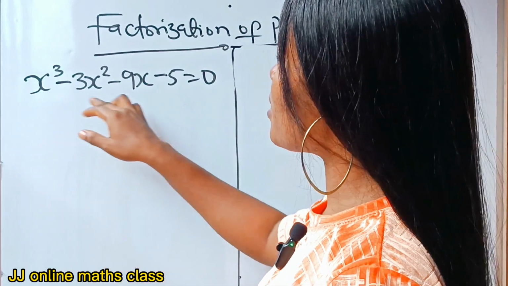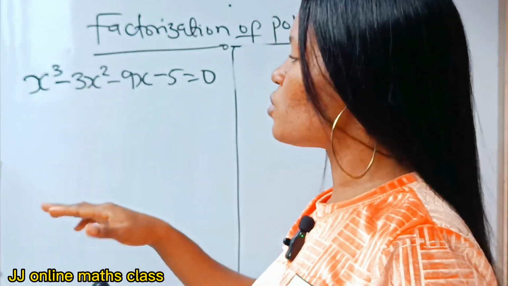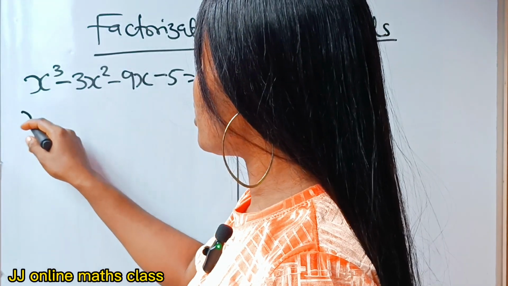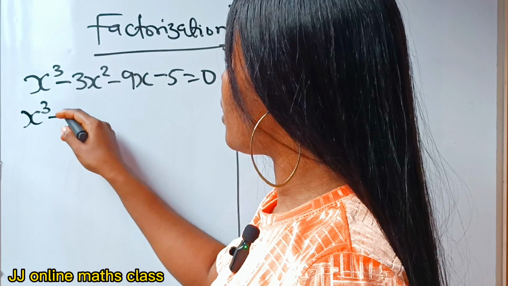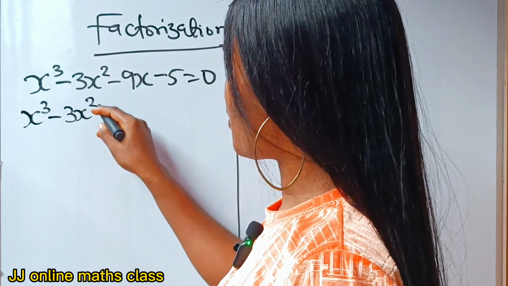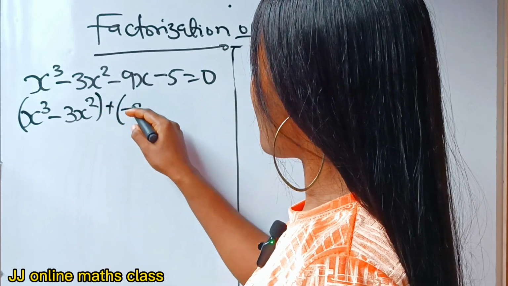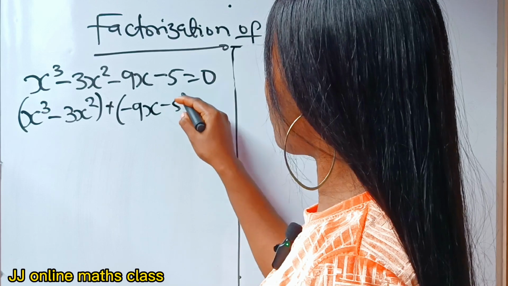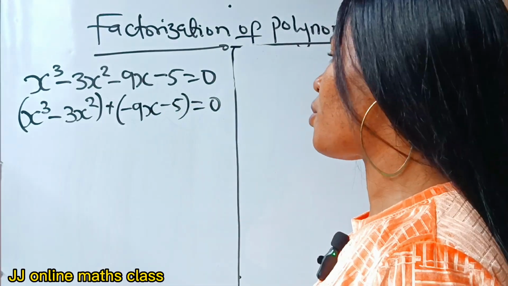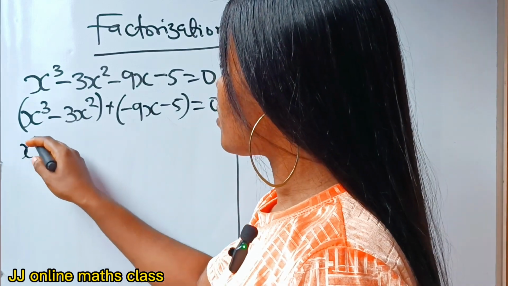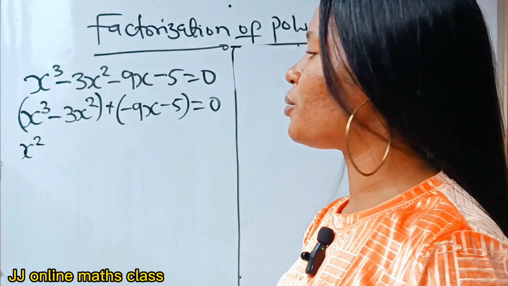Now if we group this into two, as usual, this and this we have x squared in common, right? So this is going to be x to the power of 3 minus 3x squared, plus minus 9x minus 5 is equal to 0. Now let's factorize x squared out here, since that is what they have in common.